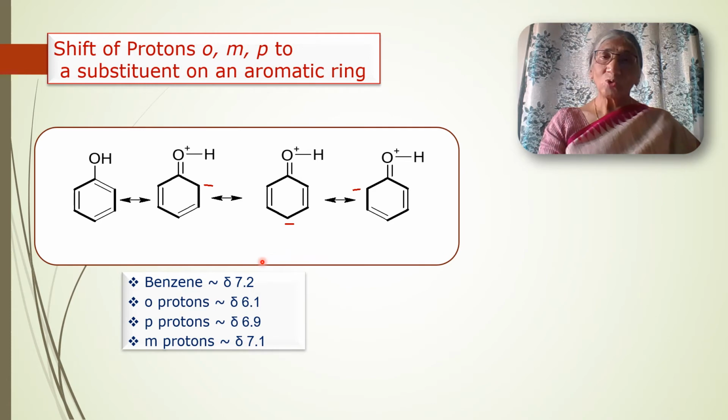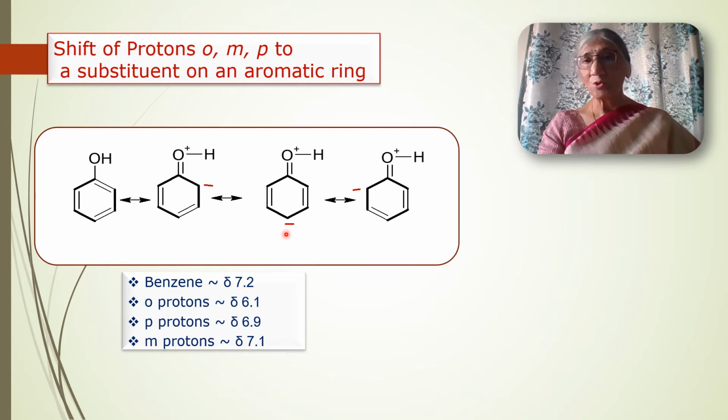Now, this also explains that the hydroxyl group is ortho and para directing. We know by the presence of OH, the benzene ring is activated towards electrophilic substitution reactions, and the incoming electrophile goes to the ortho and the para position.